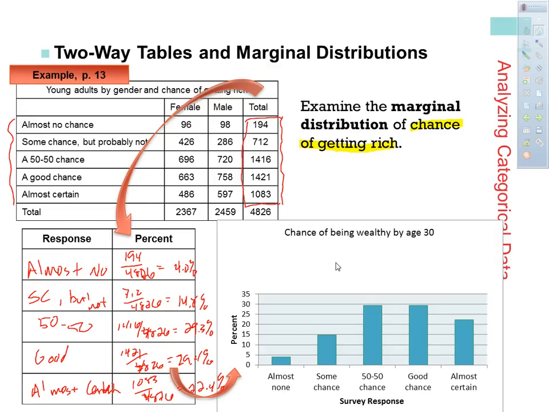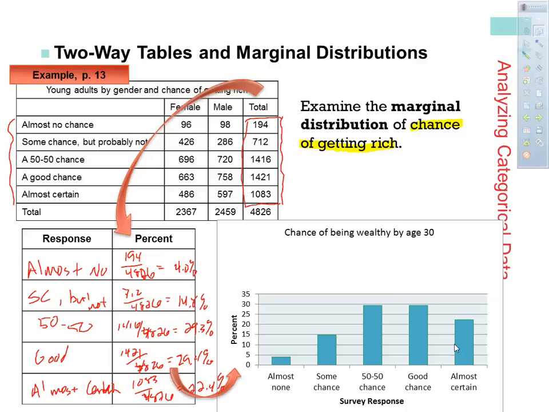So here's our bar graph. You take a look at this bar graph, and you start asking yourself, well, I've got the percentages over here, and it might be easier to look at these if there are only a few of them. As we get a lot more, then this graph becomes helpful. It looks like our taller bars are over on this side, which gets us into, you know, 50-50 chance and above, a good chance or almost certain; there's more respondents in that area than the almost none or some chance.